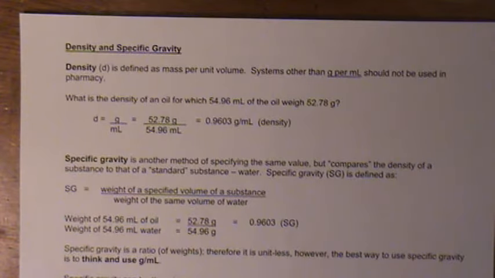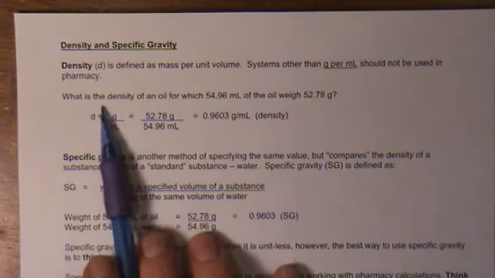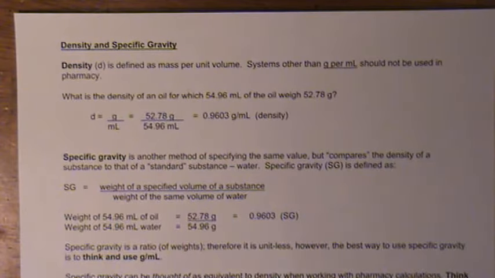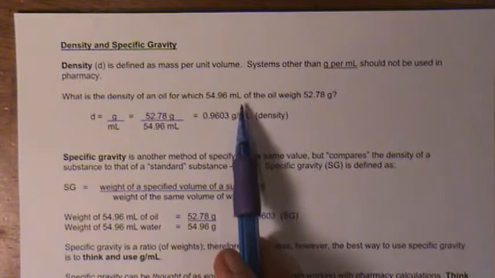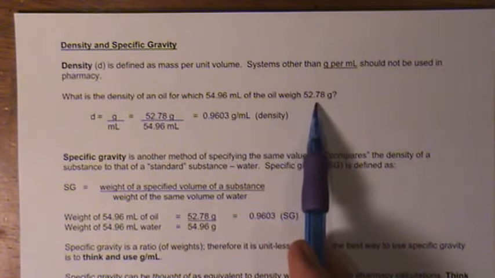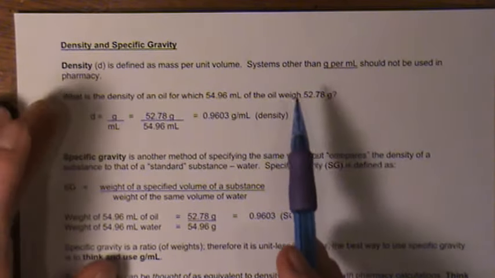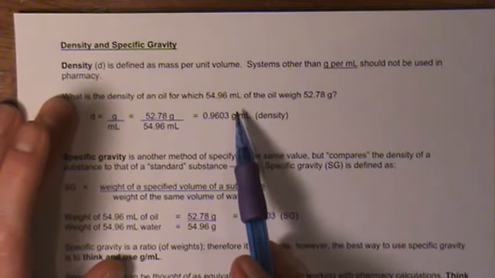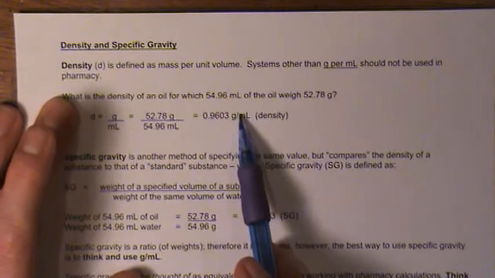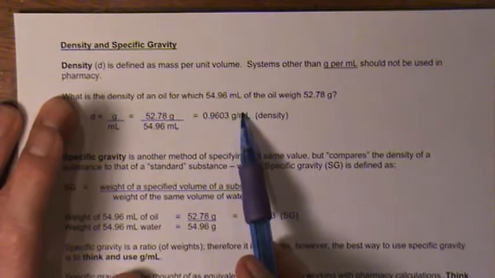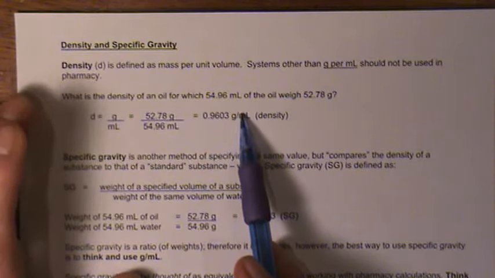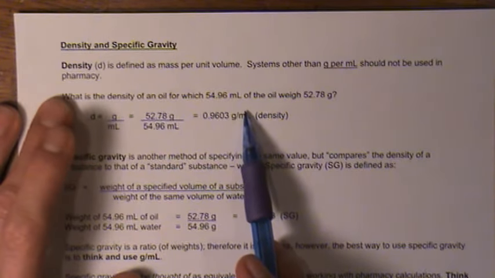So this first problem, or explanation, is: what's the density of an oil for which 54.96 mils of the oil weighs 52.78 grams? As I've said over and over again, you all know that 1 mil of water weighs 1 gram. So the density of water is going to be 1 over 1.